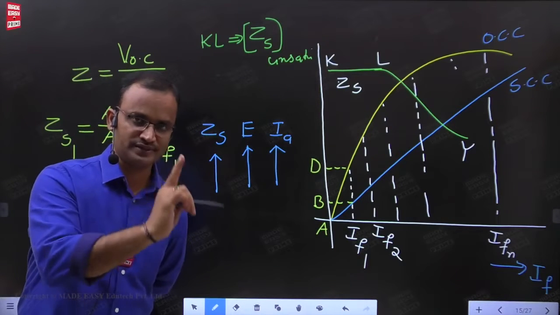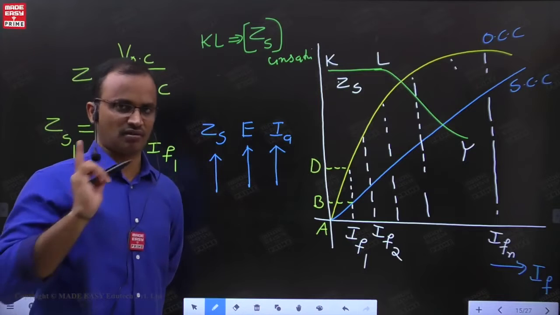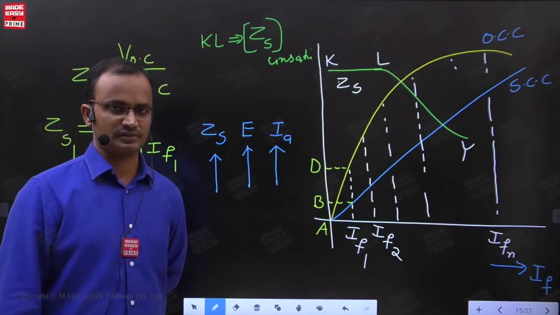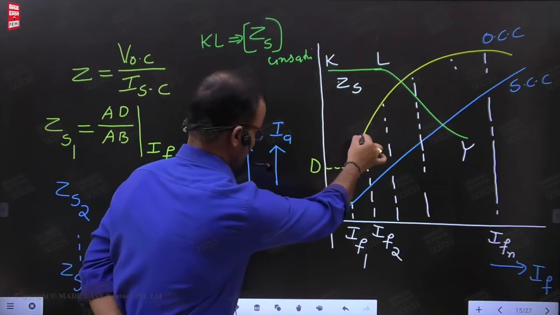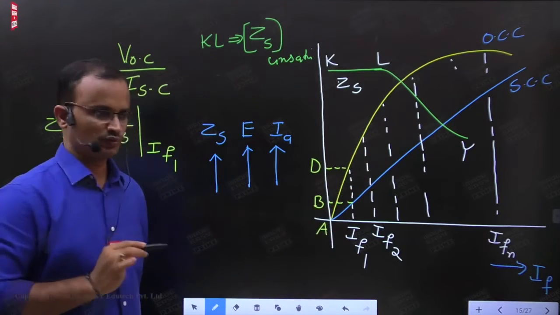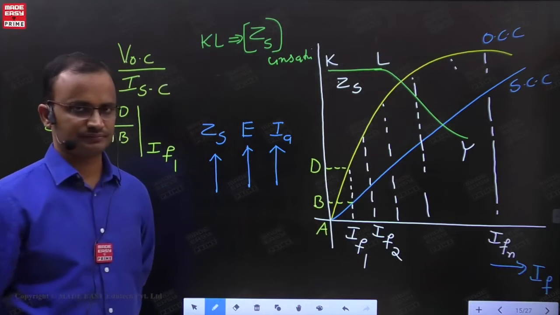Remember, always the unsaturated synchronous impedance is a constant. What is the reason? In the unsaturated portion, the OCC is approximately linear, and the ACC is also linear.